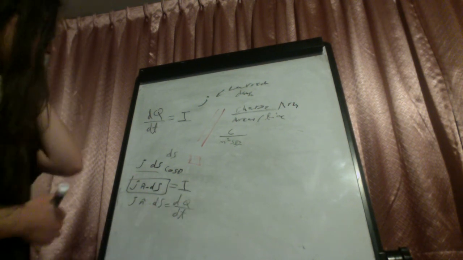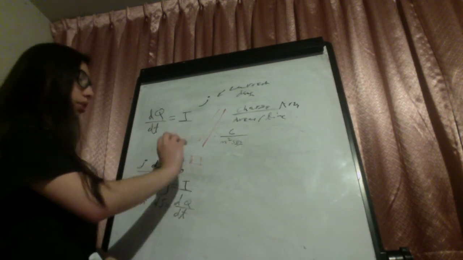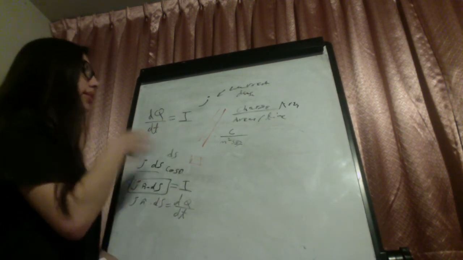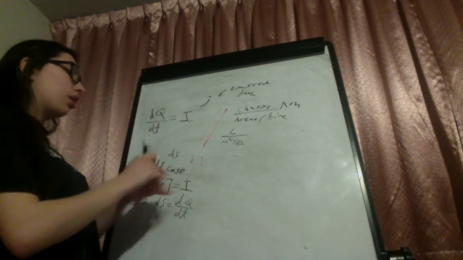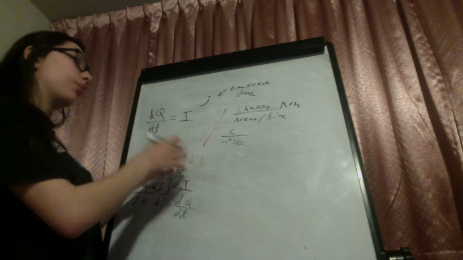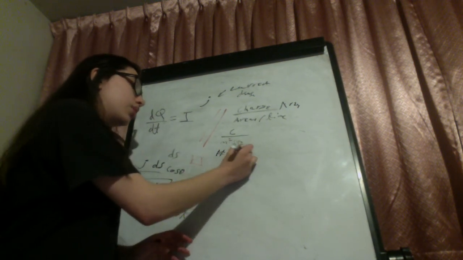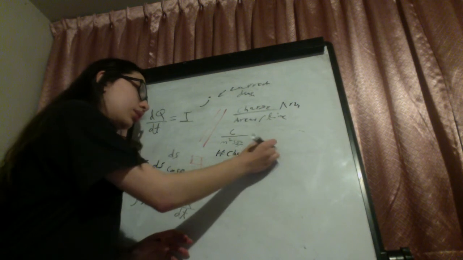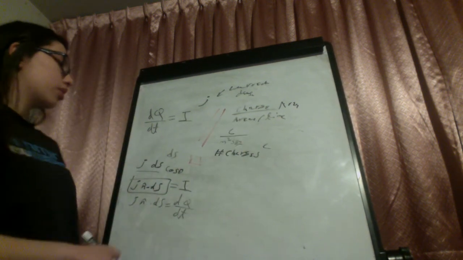Now the charges that would be flowing through this cross-sectional area is the same amount of charges. Here I'm talking about the amount of charges that are flowing, so what I will get is in coulombs, because I'm talking about the amount of charges.